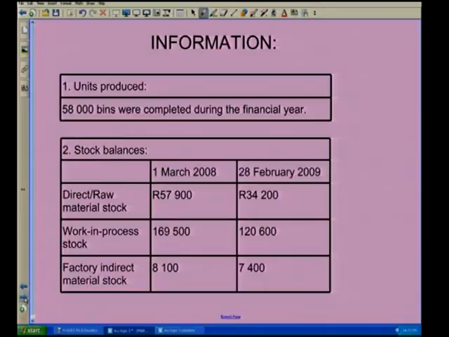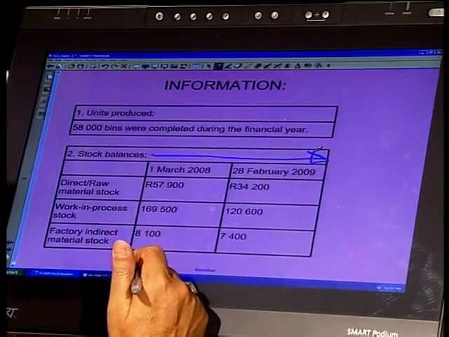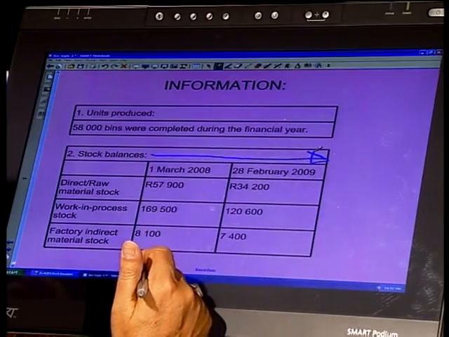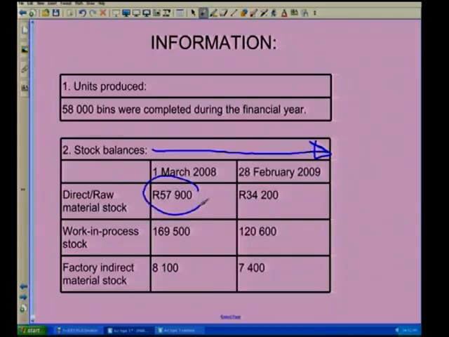Now, once again, look at my information. Remember, we've spoken about the love arrow in accounting. Yes, once again, you have to use it. Watch this closely. 1st of March 2008, 28th of February 2009. Beginning of the year, end of the year. There's the love arrow, indicating to me that that's the start of the year and that's the end of the year.